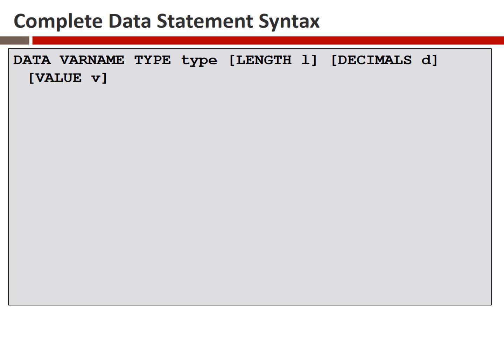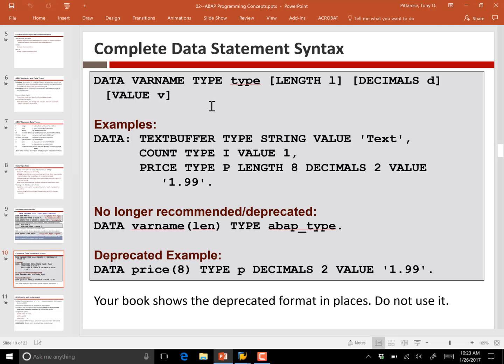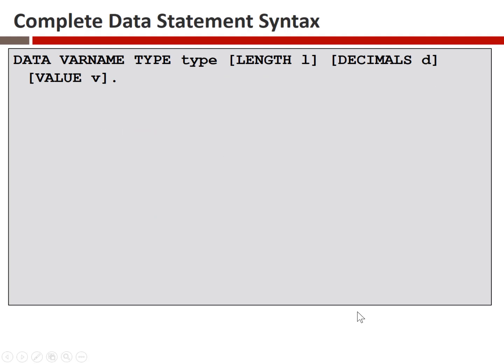Probably need to fix my slide, which I will do here, because there really should be a dot at the end of that line to make that a valid sentence. So that's the more complete pattern for what a data declaration would be. I only use length if I'm looking at an incomplete data type. I only use decimals if I'm looking at something that's going to have a decimal portion to the number, and I only use value if I want to declare a default value.